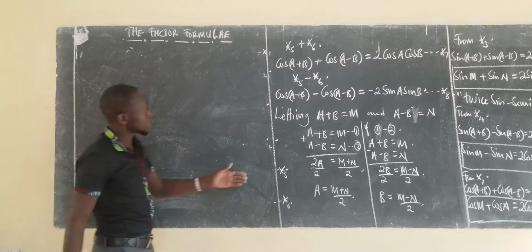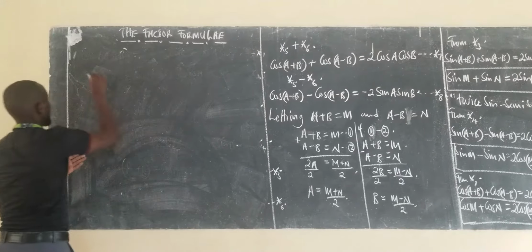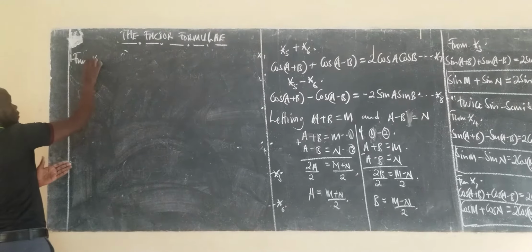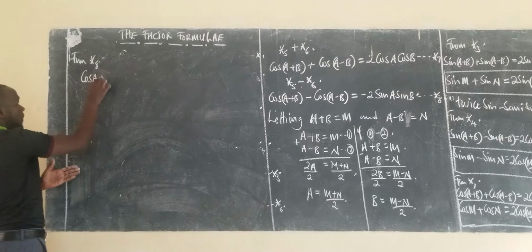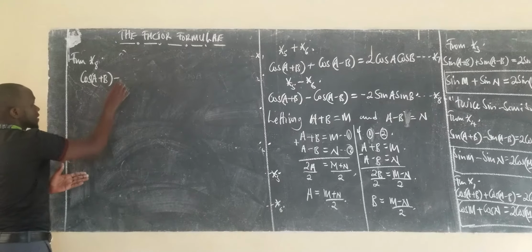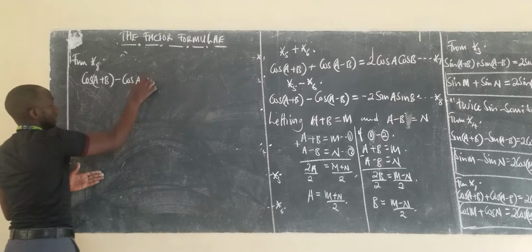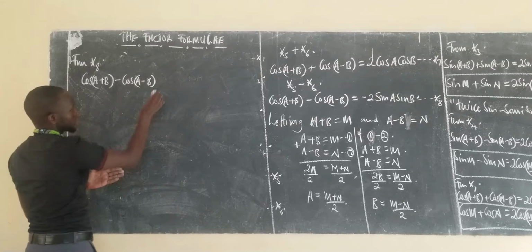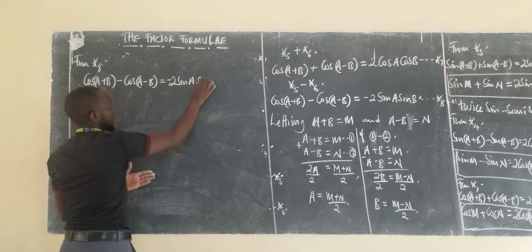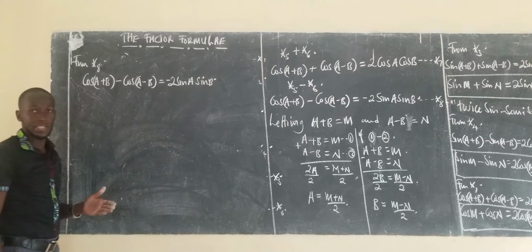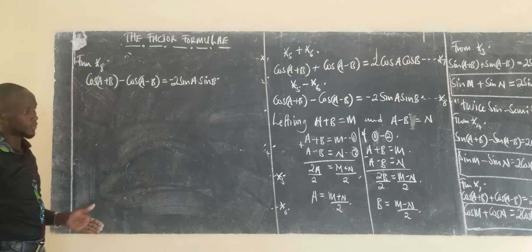Now, from equation 8, we have cos of A plus B minus cos of A minus B is equivalent to negative 2 sine of A sine of B. Now, do the substitutions as we've been doing.